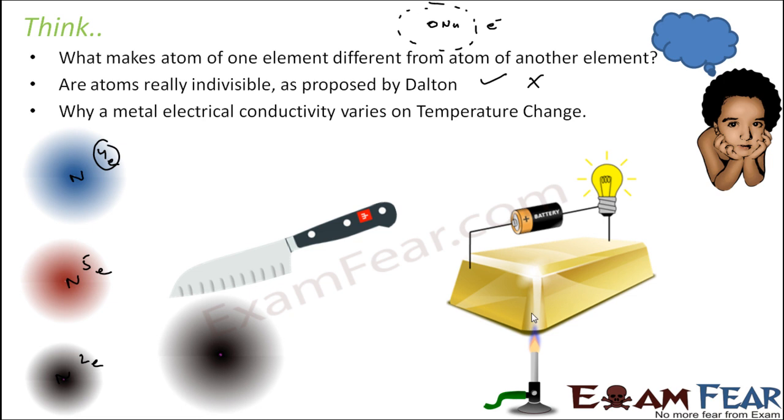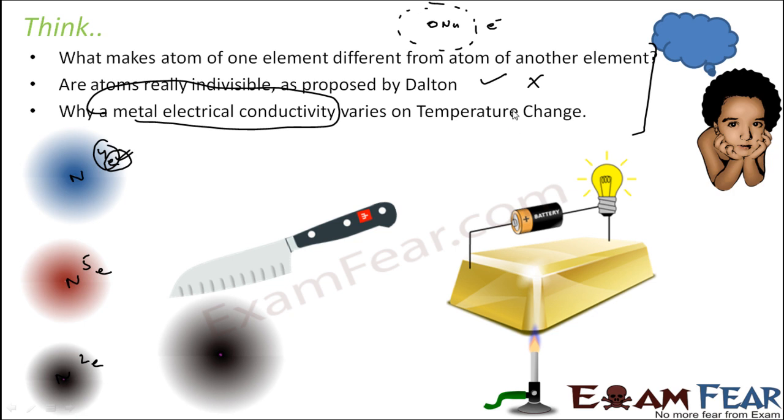So these questions can be answered if you know the structure of the atom, because when you talk about the electrical conductivity of metals, it is the electrons which are responsible for the conductivity. When you increase the temperature, these electrons are a little freer to move around, and thus the electrical conductivity increases for a given metal, right? So these questions can be answered if you know the structure of the atom.